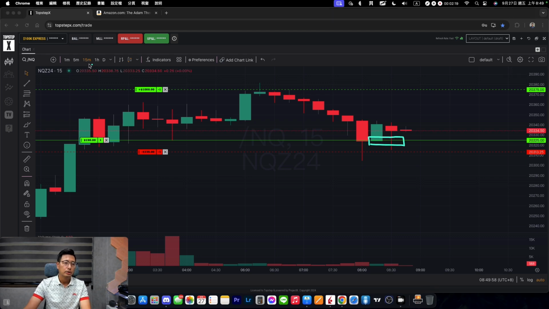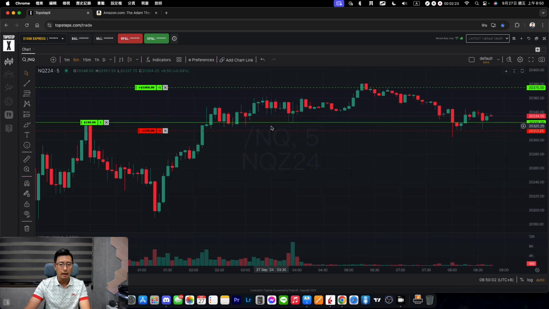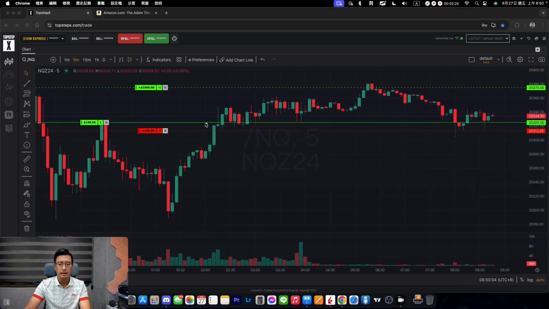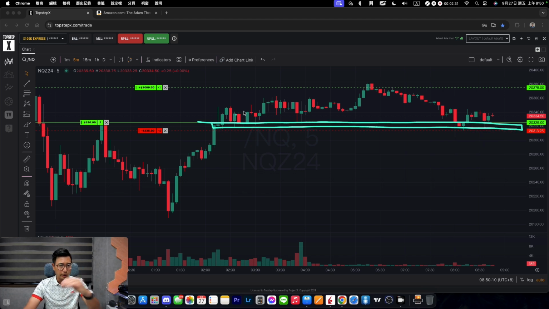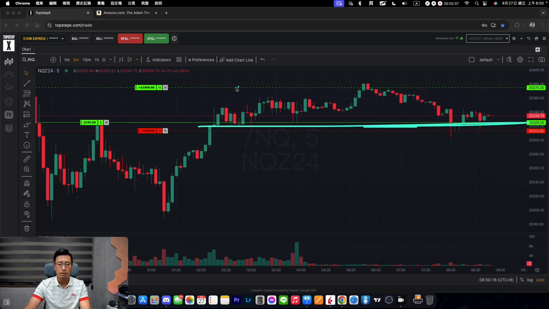So what I do is I draw two lines. I think you guys can see there's an invisible line over here in this range, and there's another invisible line over here. So I can draw the support and resistance from the latest 5-minute chart.